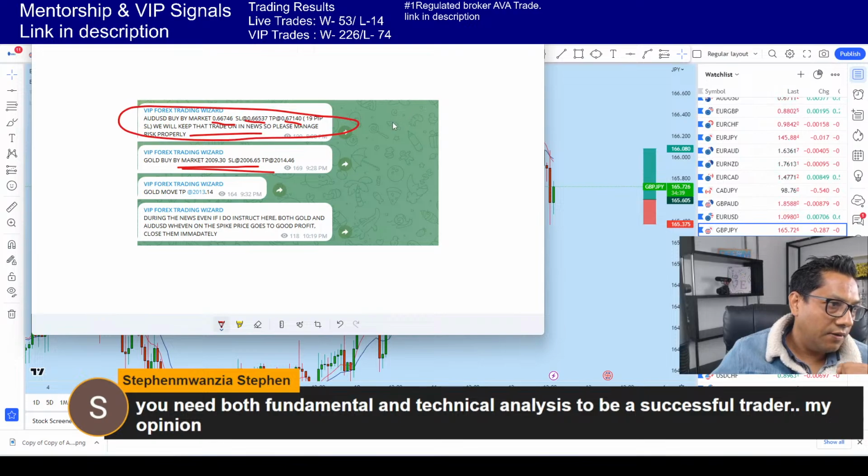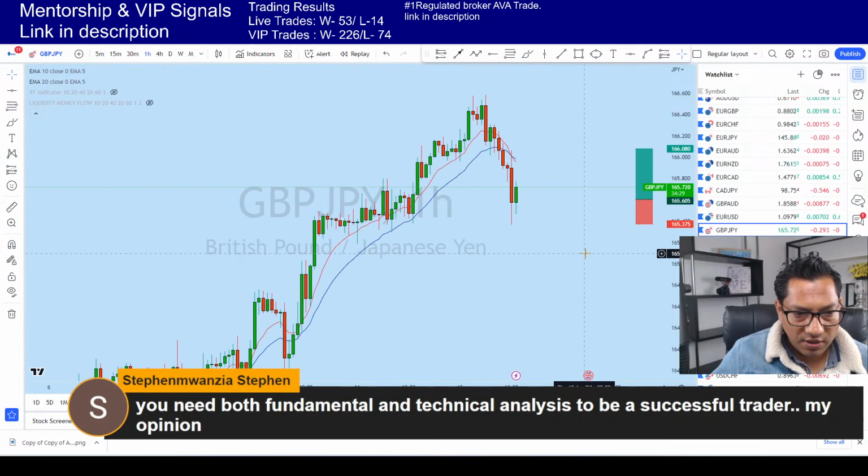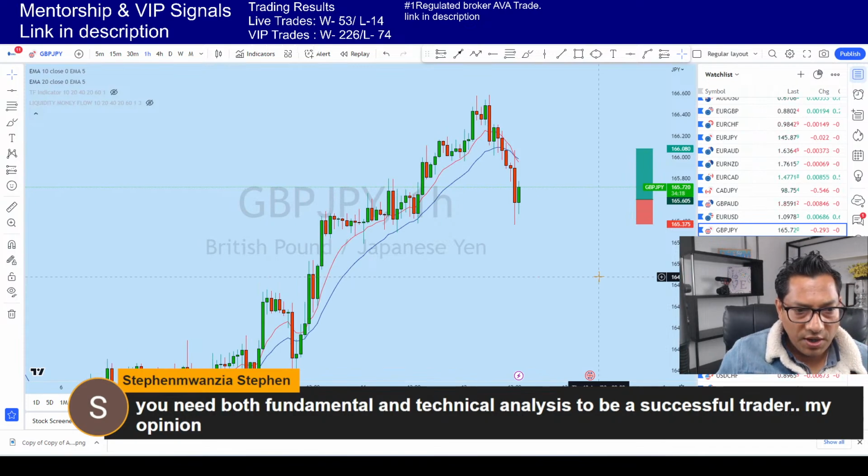It has gone in the direction that we had. The gold trade didn't work out, but AUD/USD has given 2 times profit. That is awesome. Since yesterday, we had 3 gold trades that were winners, and today AUD/USD, yesterday GBP/JPY. So most of the trades that we are opening go in the direction and with a good profit.